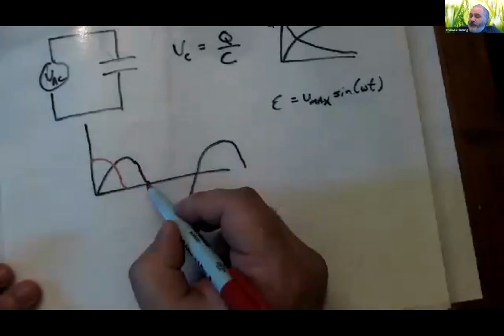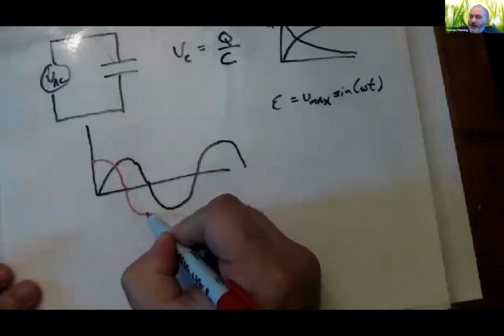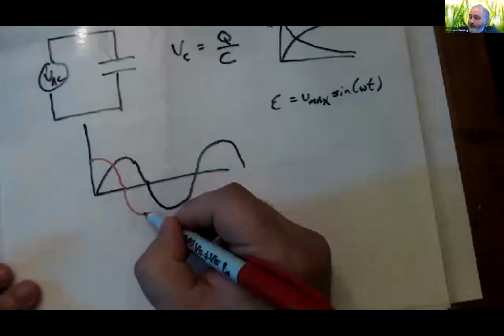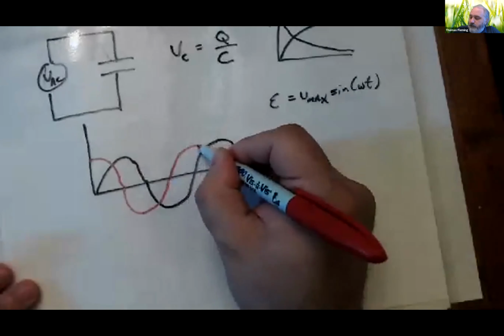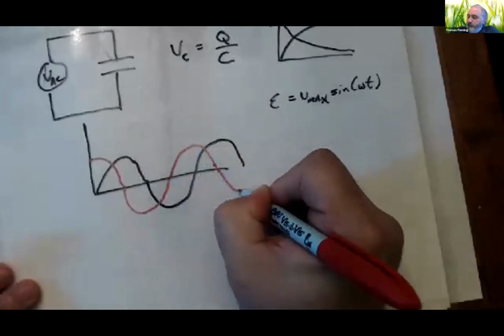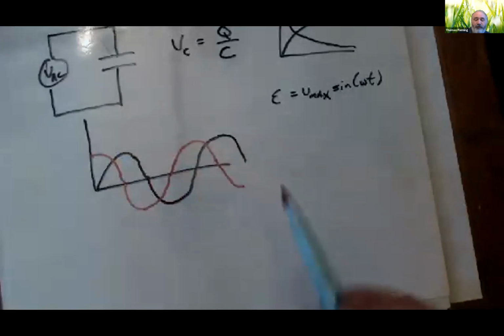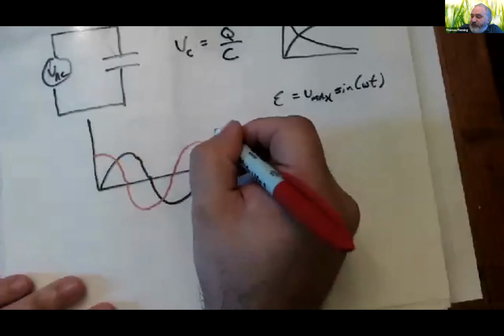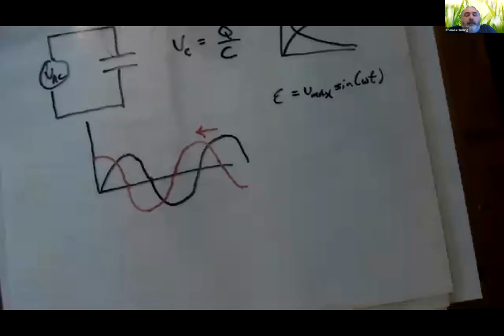By the time the voltage has dropped back down to 0, the current will have switched and reached its maximum. And so you've got the same shape curve for the current, except the whole curve has been shifted to the left.